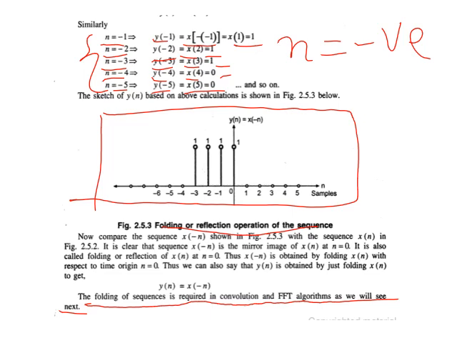Okay, what happens in folding is that we just have to write down the sequence in the reverse order. See here, the sequence was x of n equals 1, 1, 1 and 1. So for x of minus n, what will happen?